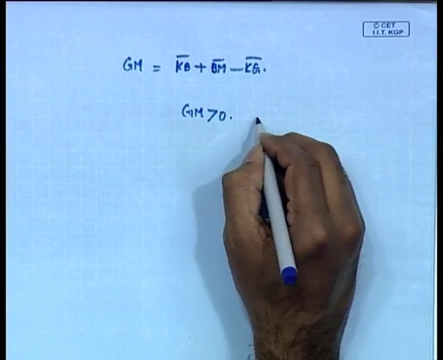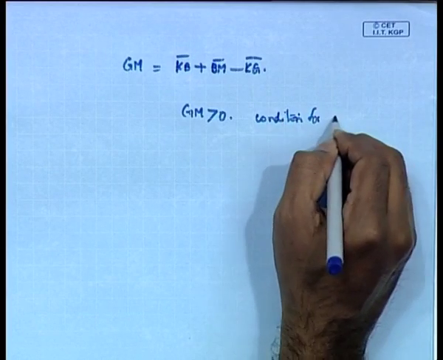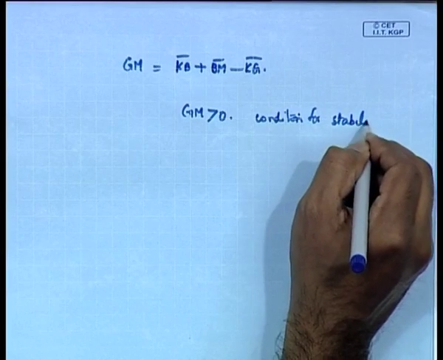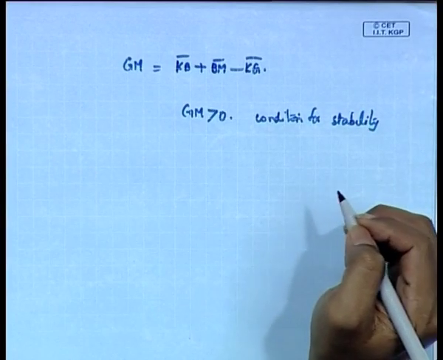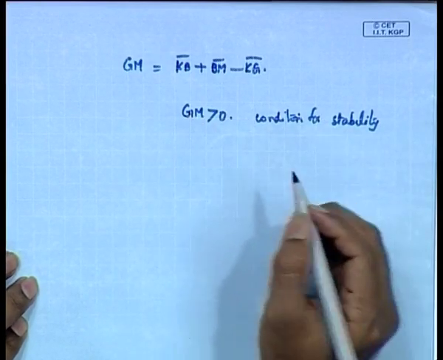This is the condition for stability. When this condition is met, you have the case of a cone sitting upright like this. So this is the problem. We will work on similar problems in the next class, and so we will stop here today. Thank you.